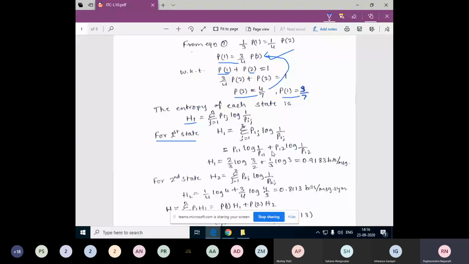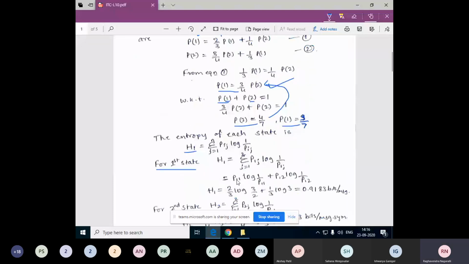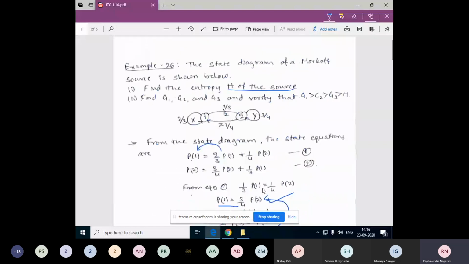So substituting the values, P11 is the probability of transition from 1 to 1. So 1 to 1 is this transition, and the probability of this transition is 2 by 3.